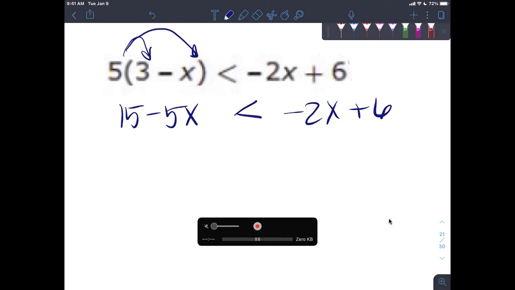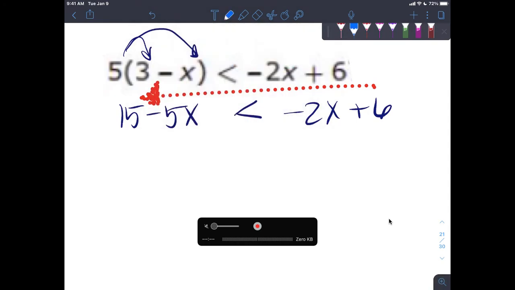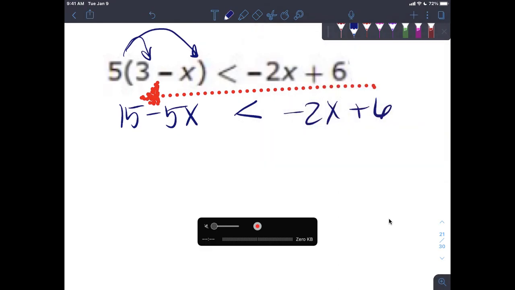Now I'm going to go ahead and start trying to get my x's together. Because this is an inequality, I always move in that direction. Always, always, always, always, okay? So what I'm going to do is move my 2x over.